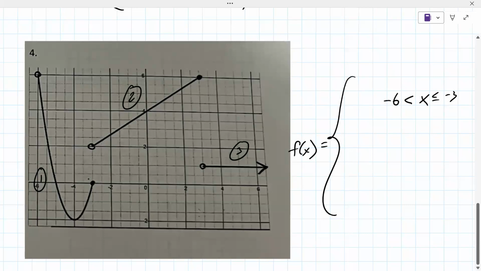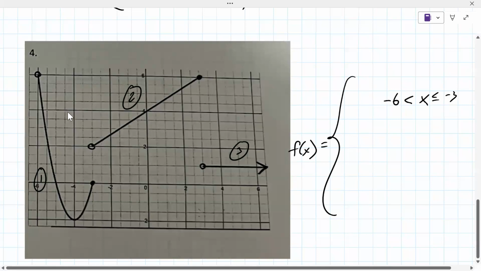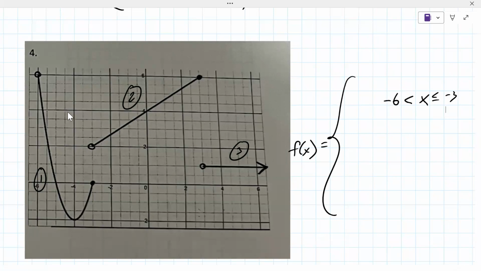All right. How about the middle, number 2 here? That is -3 is less than x, which is less than or equal to 3, right? Yes.